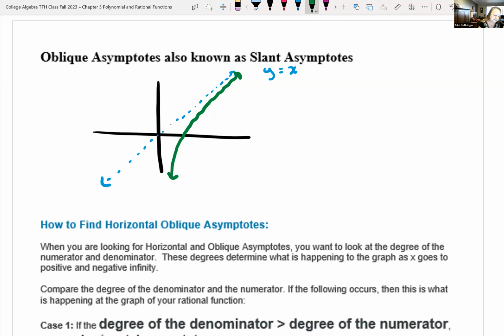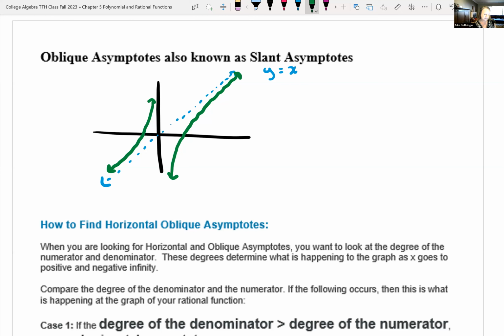So this would be an example of an oblique asymptote. The way that we find the oblique asymptotes and our horizontal asymptotes is the same. We're looking at the degrees of both the numerator and denominator and comparing those to determine if we have a horizontal asymptote or an oblique asymptote.